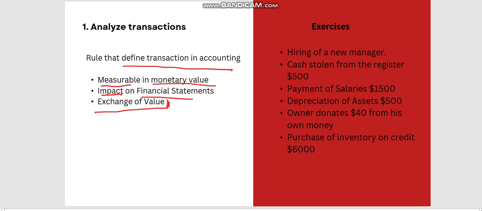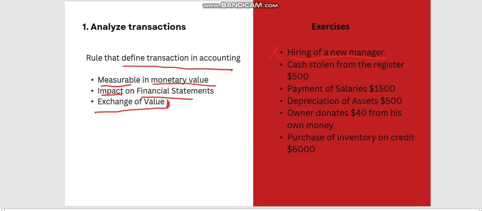Now let's look at the exercise. Hiring of a new manager. Does it have an impact on monetary value? No. Impact on financial statements? No, there's no money associated with it. Exchange of value?